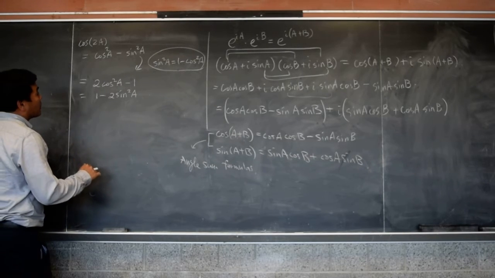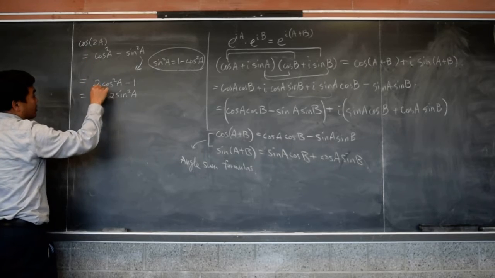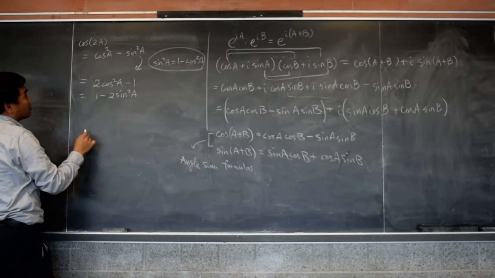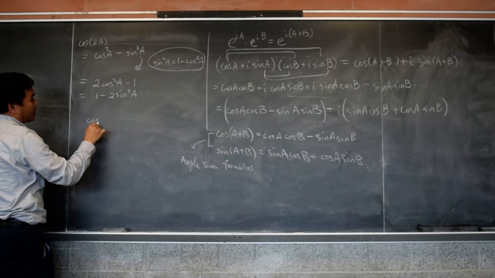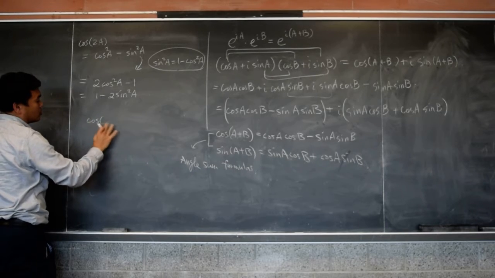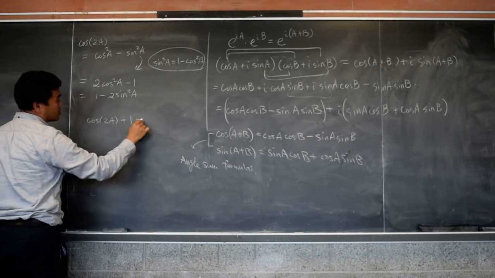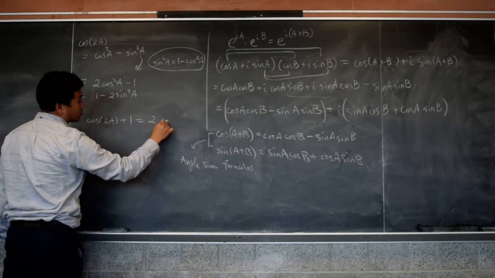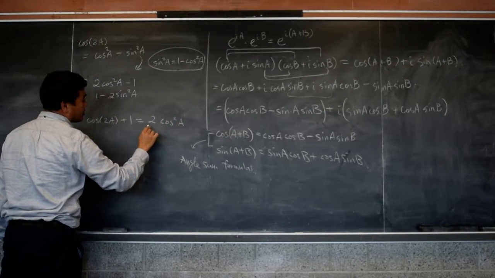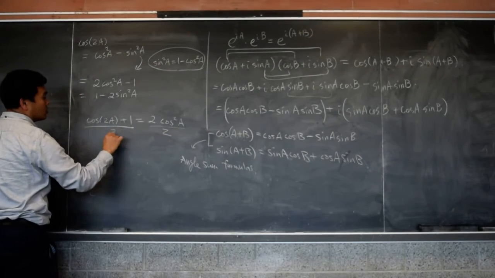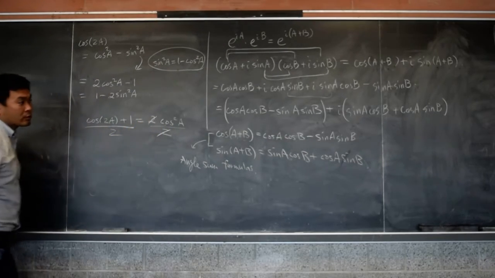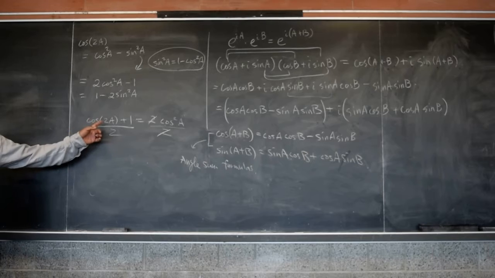And if you take this identity and solve for cosine squared, this is what you get. If you add 1 to both sides, which is 2 cosine squared of A, and divide both sides by 2, you get cosine squared of A equals the cosine of 2A plus 1, over 2.